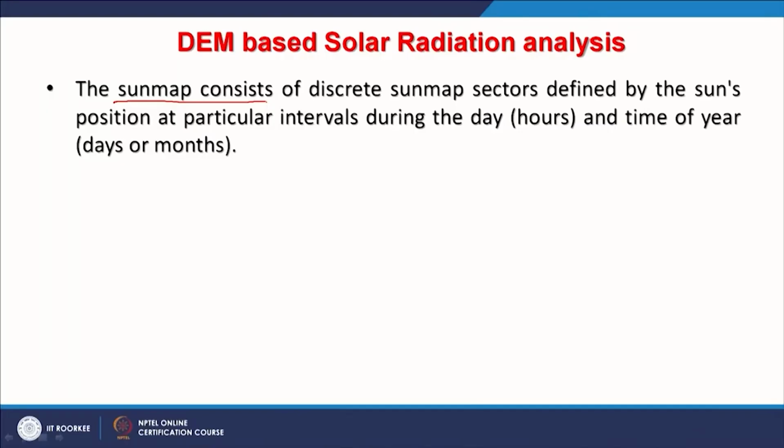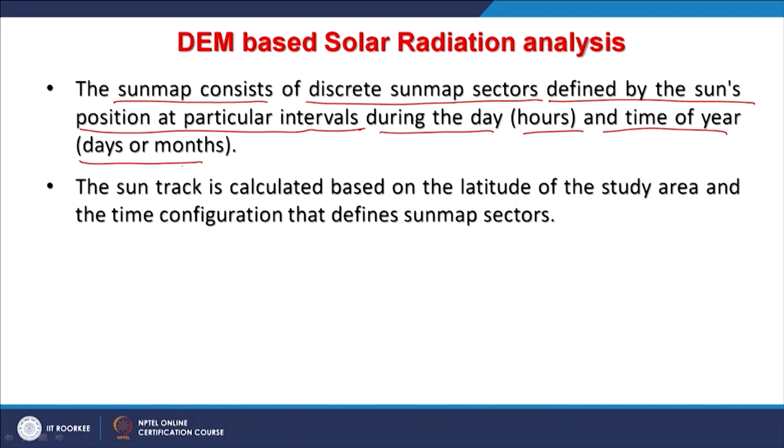Now, this sun map will consist of discrete sun map sectors defined by the sun's position at particular intervals during the day, hours and time of the year. So, this much information we will get from the sun map, and the sun track is calculated basically.